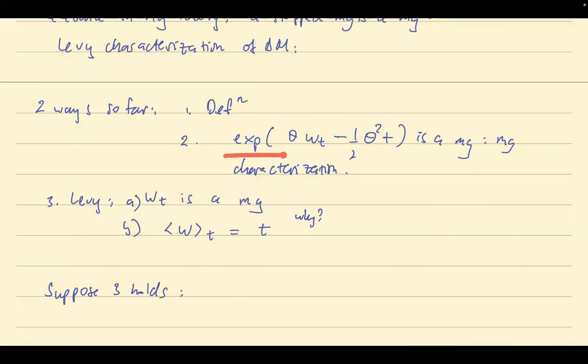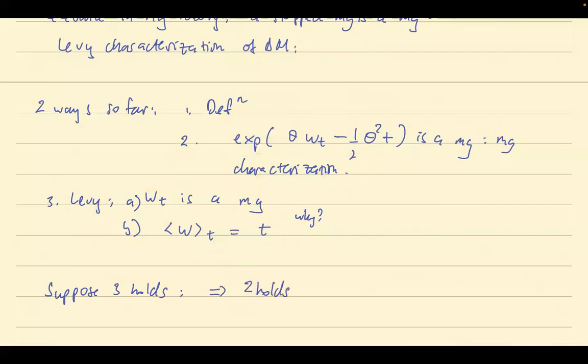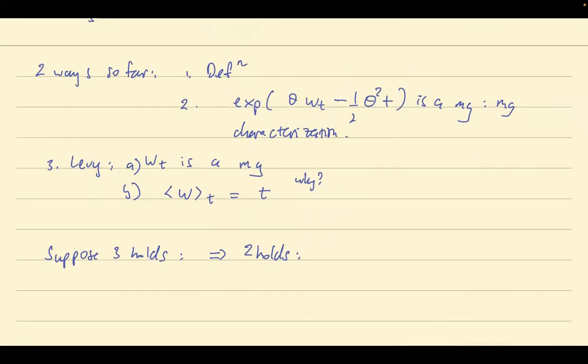So now let's try to prove that if 3 is true, then 2 holds. To show that 2 holds, we can just go ahead and apply Ito's formula. To show something is a martingale, you just have to apply Ito's and check that it only has a martingale part.